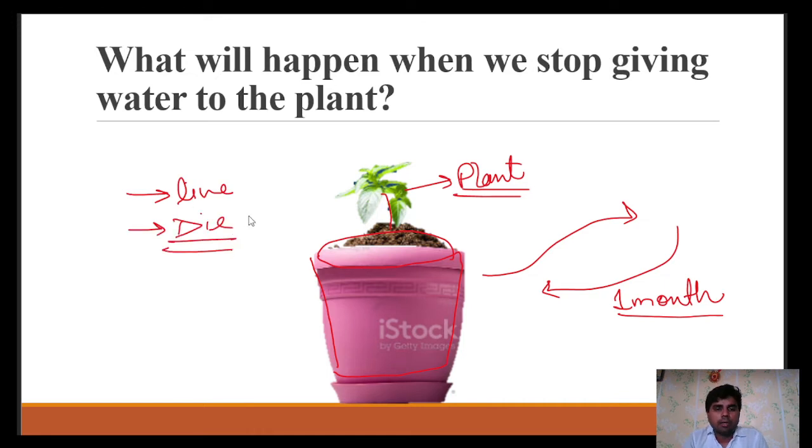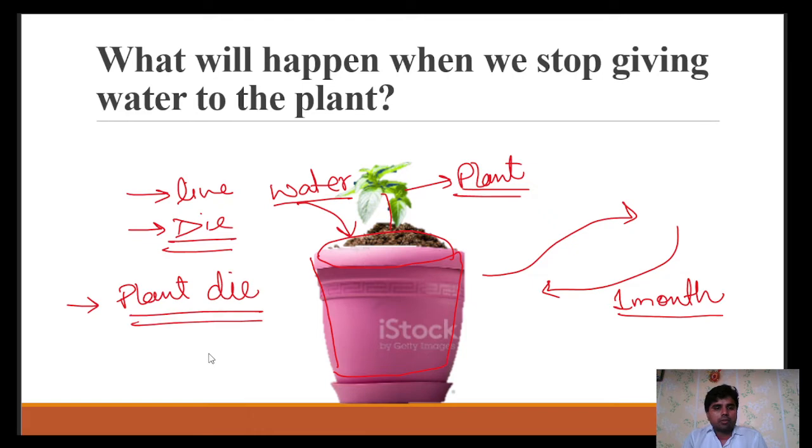Yes, very good. So students, basically the plant cannot live without water. For the nutrition of a plant, water is necessary. If there is no water, there would be no nutrition in the plant. So we can say that if we do not put water, the plant will die.